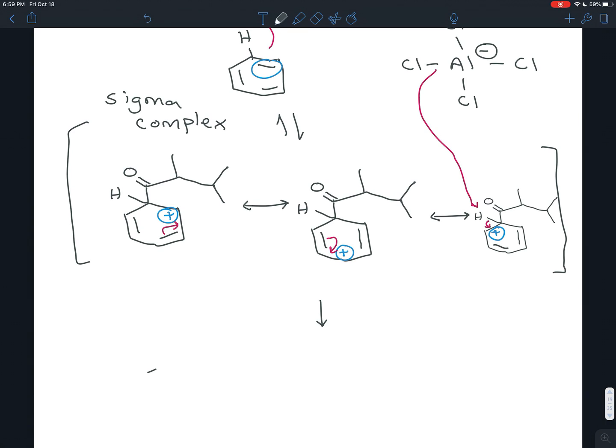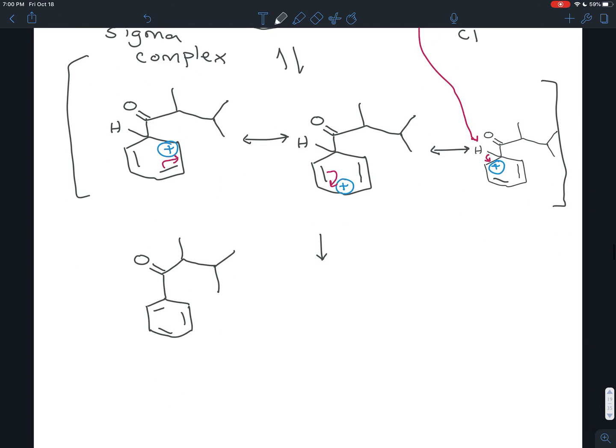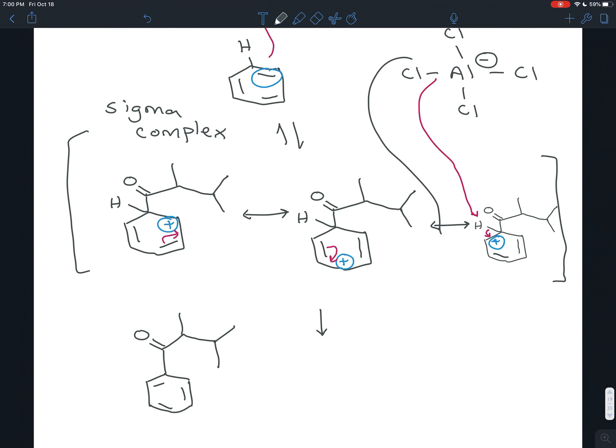So you end up with the benzene ring now with its aromaticity back. You have your acyl carbon chain. You have the chlorine that was kicked off of the aluminum combining with the hydrogen, so hydrochloric acid.